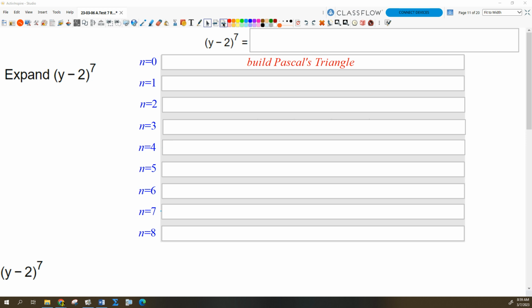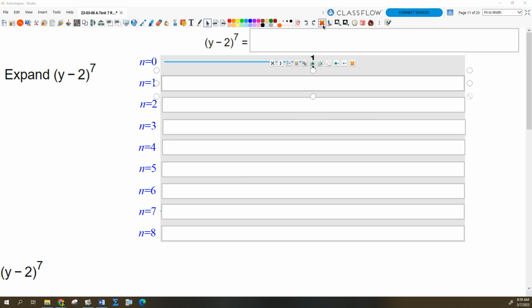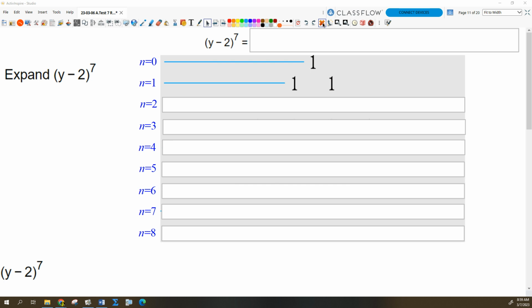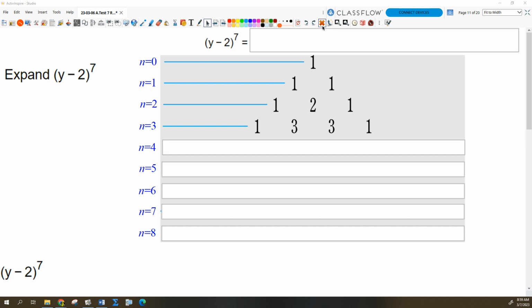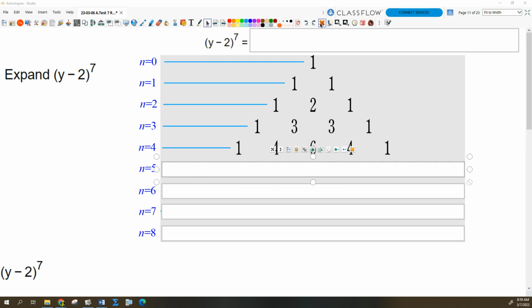So what is the 0 row? What's that look like? 1. Okay, good. Next row. 1, 1. Okay. And then 1, 2, 1. Good. Everybody sees what we're doing. Give me thumbs on this. Everybody good with this? Yeah, everybody can build this, right? Okay, 1, 3, 3, 1. There we go. We're getting the hang of this.